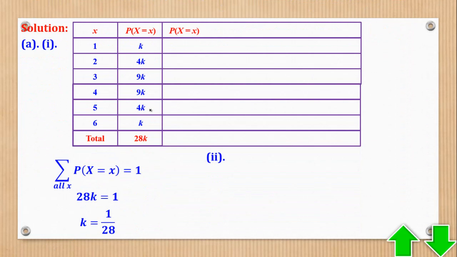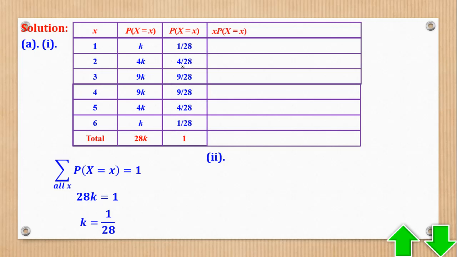And therefore we shall generate another probability. Where there is k, we put 1 over 28, 1 over 28 to get 4. This is 9 over 28, 9 over 28, 4 over 28, 1 over 28. When we add everything, it should be 1.